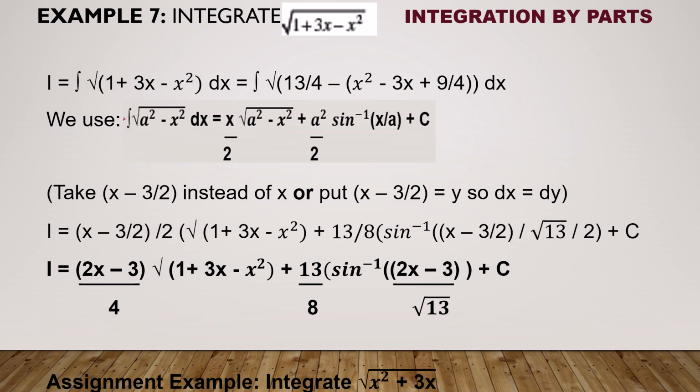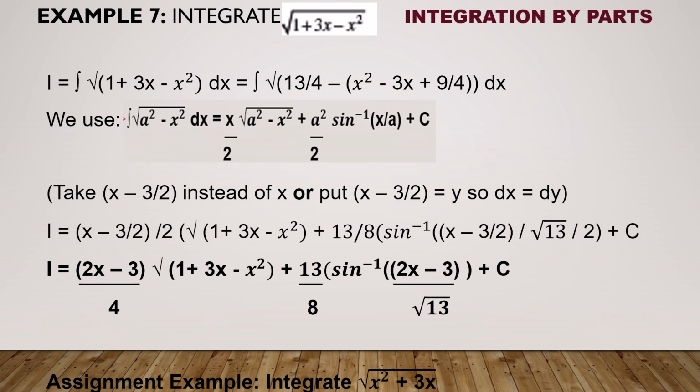So ultimately I have the constant term 1, which I am writing as 13 by 4 minus 9 by 4. Perfect. So now our original integral we have written as 13 by 4 minus x square minus 3x plus 9 by 4.